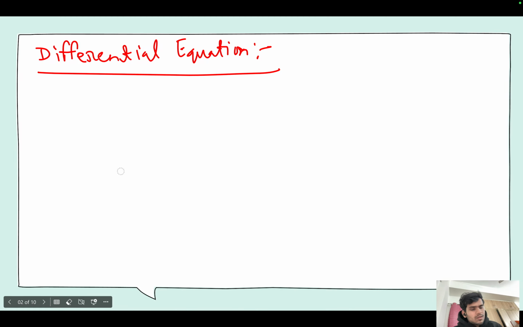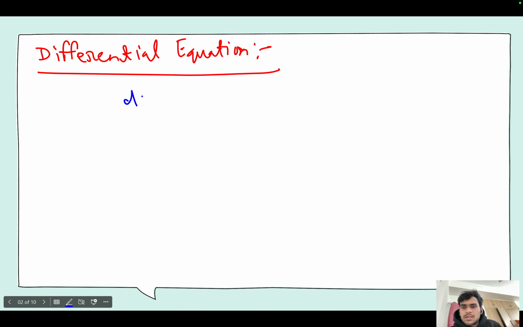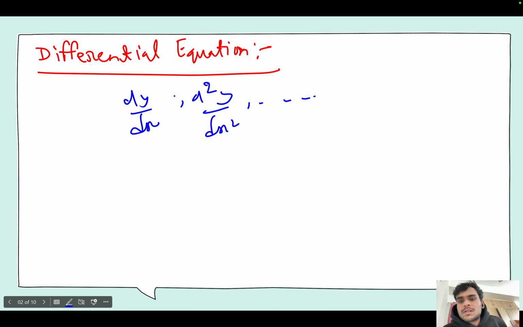So if an equation, like dy by dx, it means an equation in which at least one term contains dy by dx, d2y by dx2, dot dot dot like this, then we will say the equation is a differential equation.